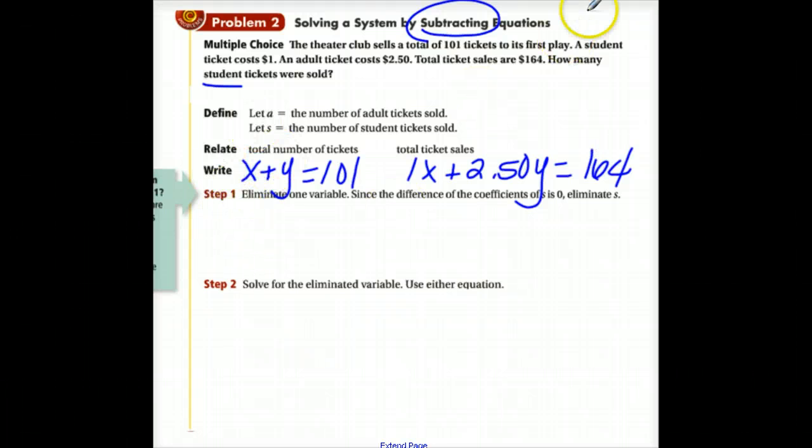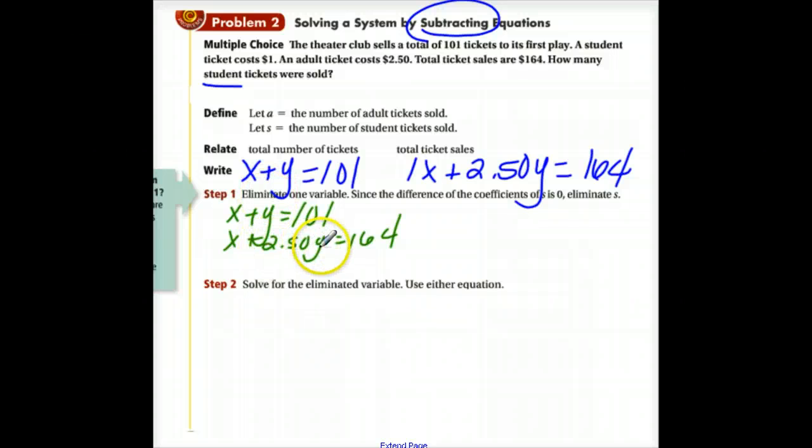I'm going to line up our equations, using a different color, so we can look at them. x plus y equals 101, and x plus 2.50y equals 164. Alright, I see the coefficient of y is 1 in the first equation, and the coefficient is 2.50 in the second. They're not the same or opposite.